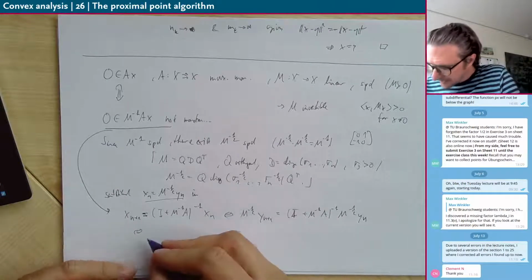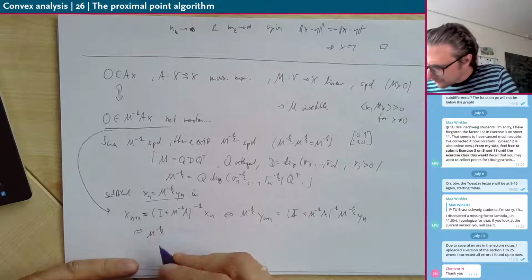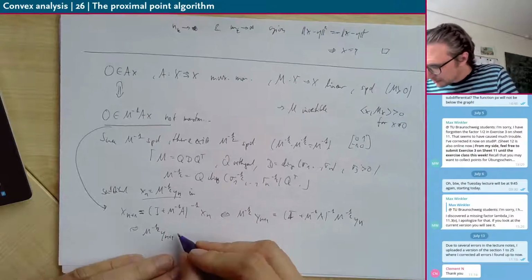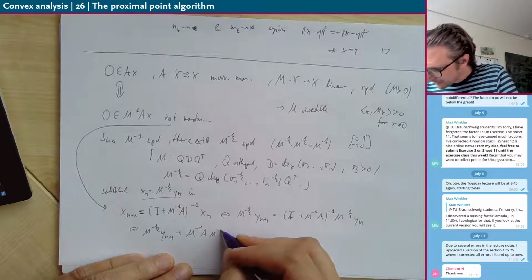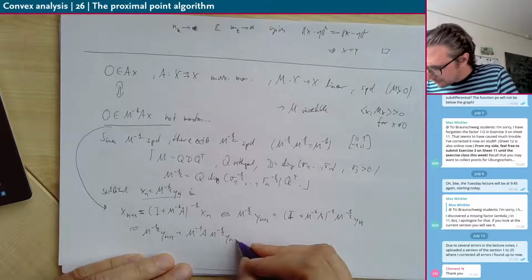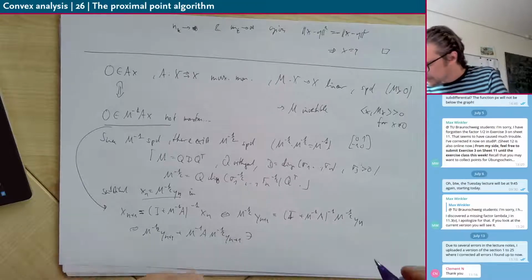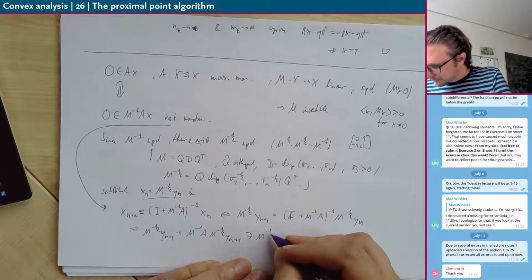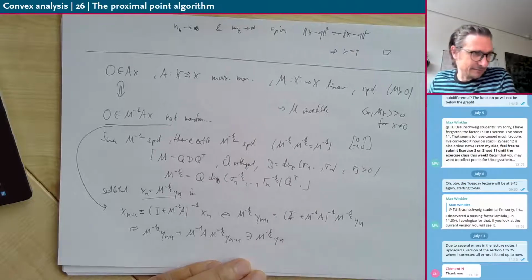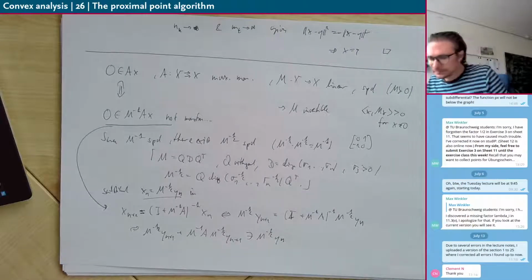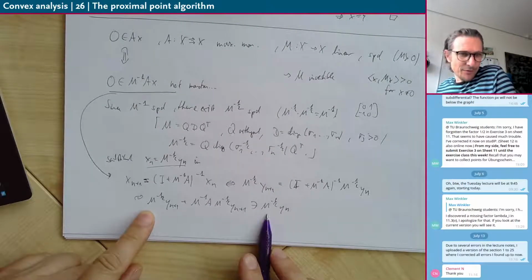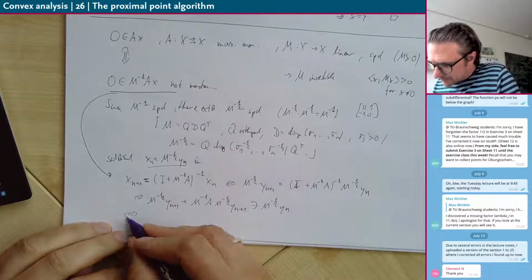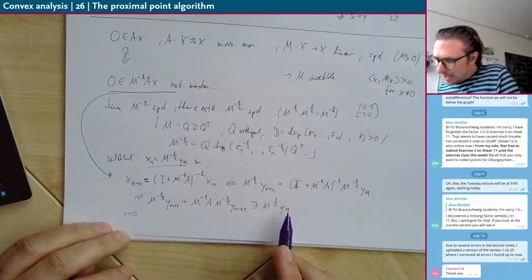Then we have M to the minus 1/2 y_{n+1} plus M to the minus 1 A M to the minus 1/2 y_{n+1} contains M to the minus 1/2 y_n. Now we multiply from the left by M to the 1/2.